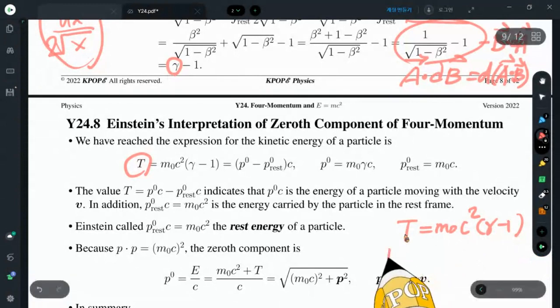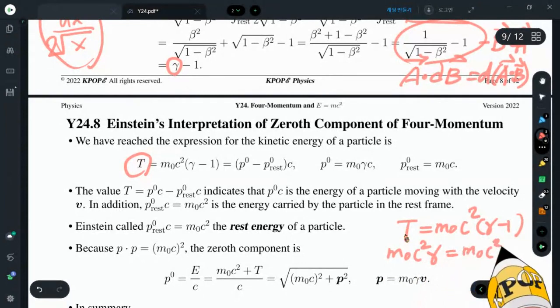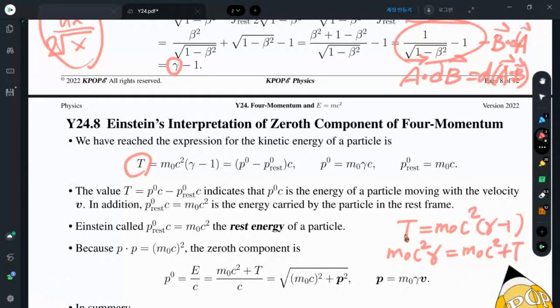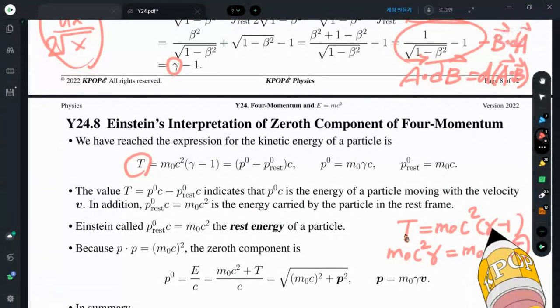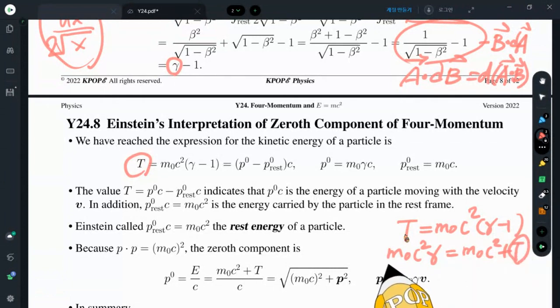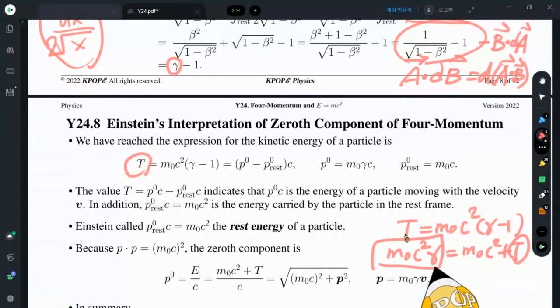That means m0c squared gamma equals m0c squared plus T. When a particle does not move, the kinetic energy disappears because gamma equals 1. Even if the kinetic energy vanishes, this one is still not 0.